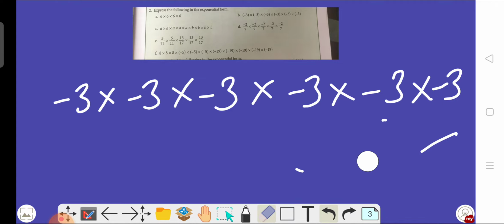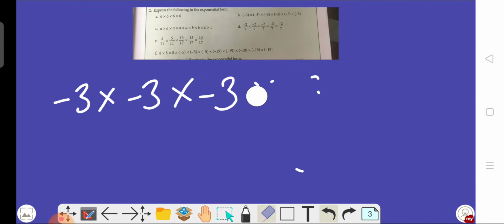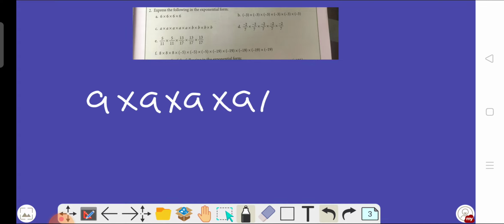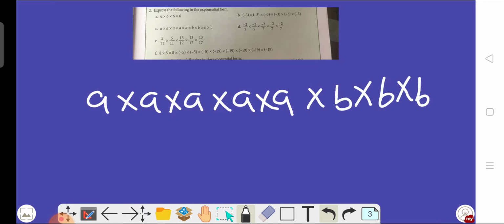Now we will do our question number c. In the c part, we have two different numbers in the multiplication: a multiplied by a multiplied by a multiplied by a multiplied by a, multiplied by b, multiplied by b, multiplied by b, multiplied by b. So how can we solve this question?